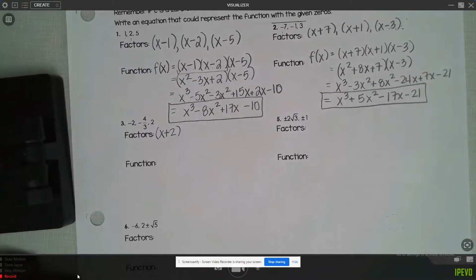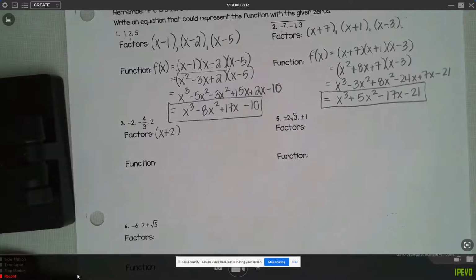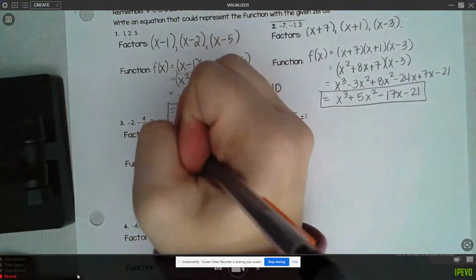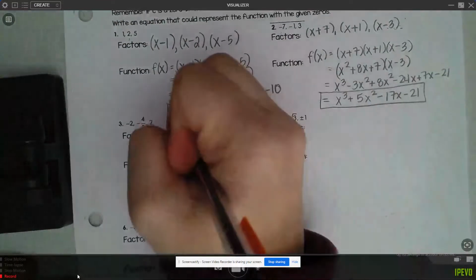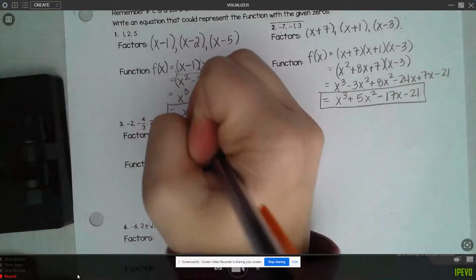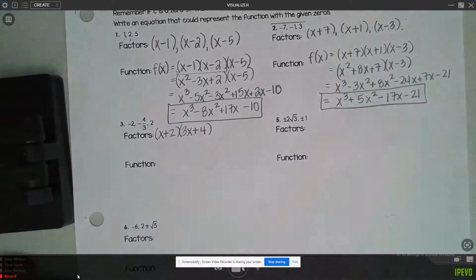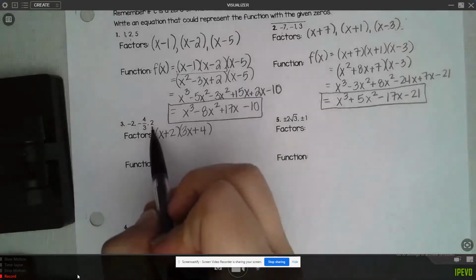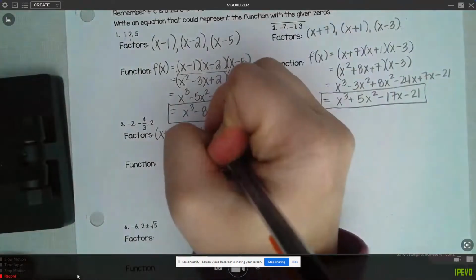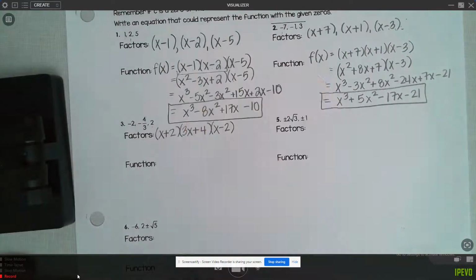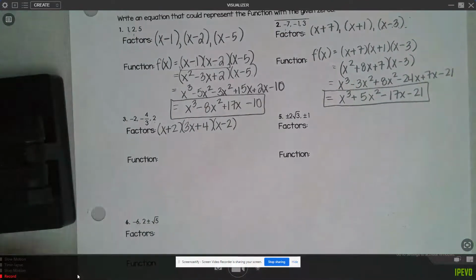The denominator becomes the coefficient of the x. So for negative 4/3, the factor is 3x plus 4. Okay? So the denominator becomes the coefficient. And my factor, if my zero is 2, is just x minus 2, yeah?